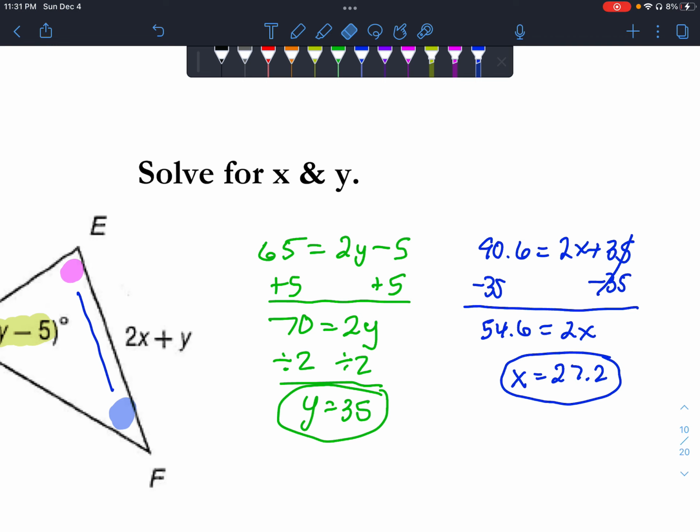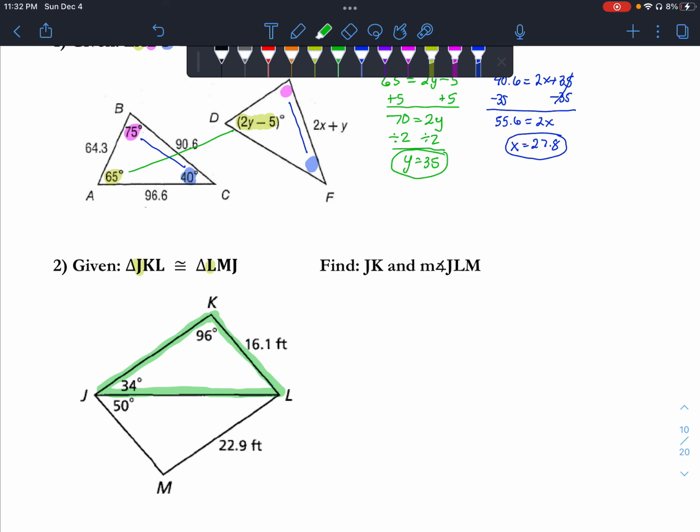And then one last time over on this side, angle J and angle L. Be careful between the two triangles. Actually, what might be a good idea here would be to outline the first triangle so you know where angle J is for this one. Outline the second triangle. And then we can start matching them up.